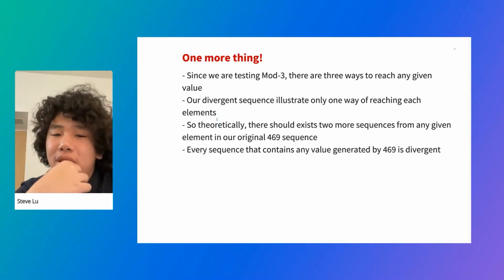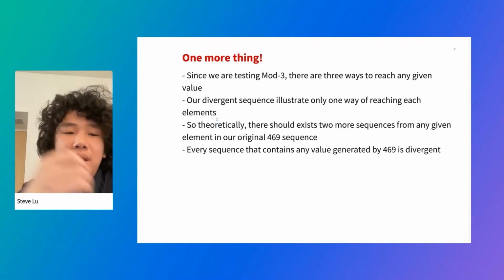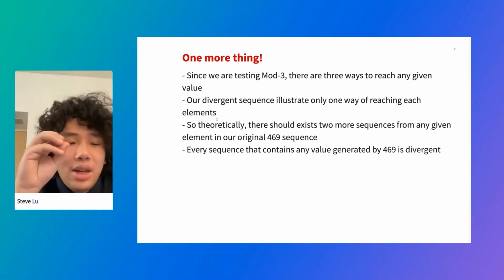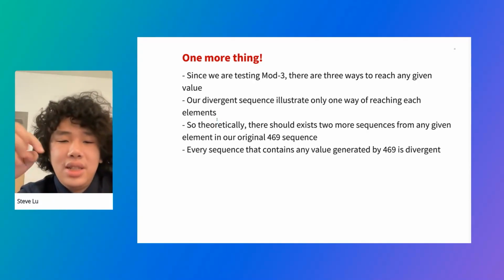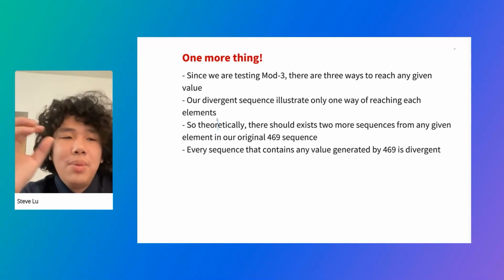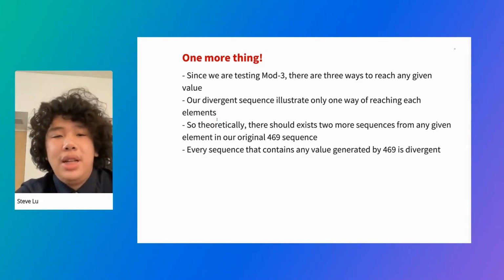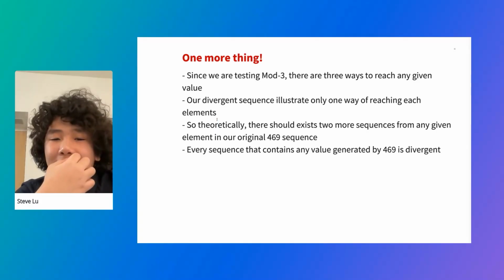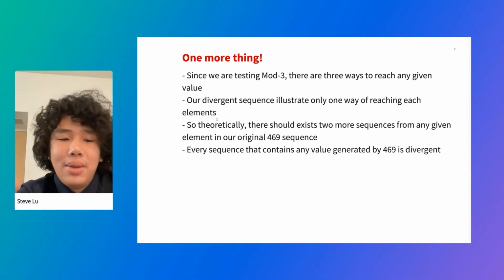So theoretically, there should exist 2 more sequences from any given initial value that converge onto our original 469 sequence. So that means we can generate this number on the sequence, let's say 487. Instead of using 469, we can use some other 2 values that also give us 487. And that means that any sequence that contains any value inside the 469 sequence is divergent.